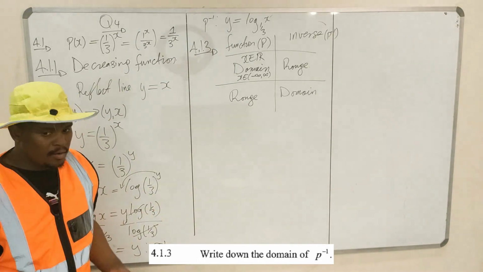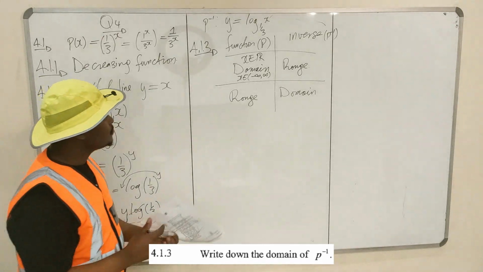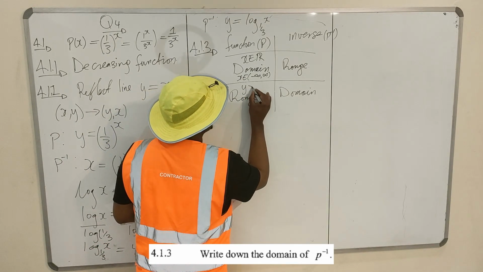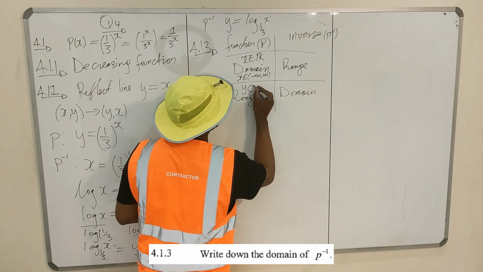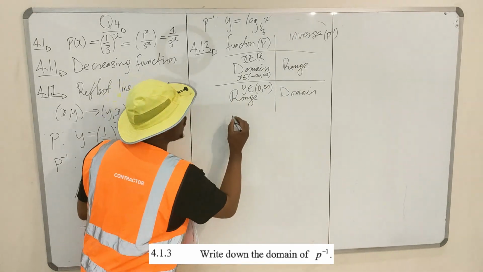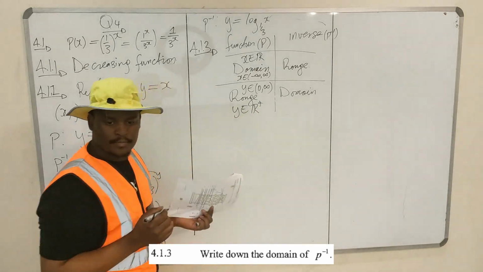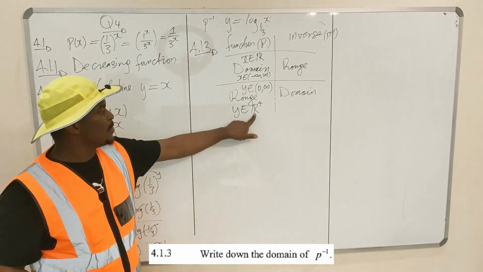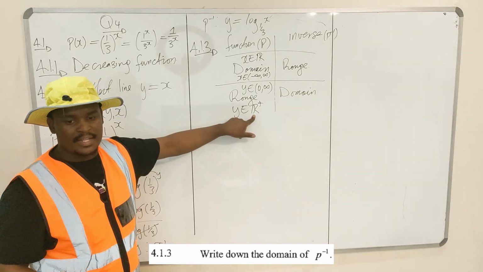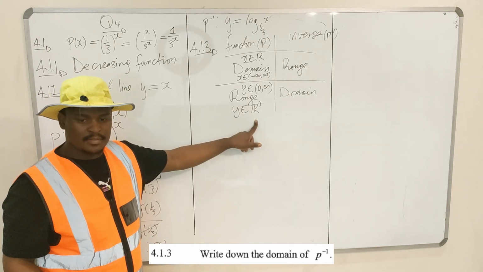Yes. With 0 not included, because that's where our asymptote is. So our range is y is an element of 0 to positive infinity. Or you can say y is an element of positive real numbers. That's how your y values look. They will be positive real numbers.